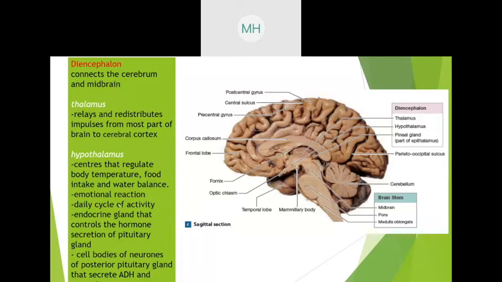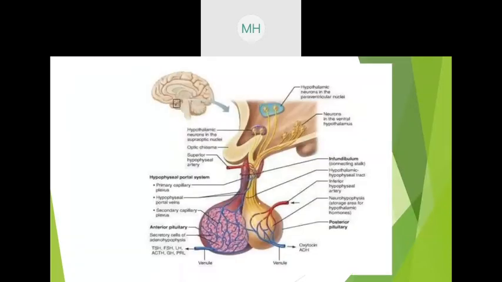It controls the daily cycle of activity, and it also acts as an endocrine gland that controls the hormone secretion of the pituitary gland. So this is our pituitary gland, the anterior and posterior pituitary gland. Anterior pituitary gland is also called adenohypophysis.